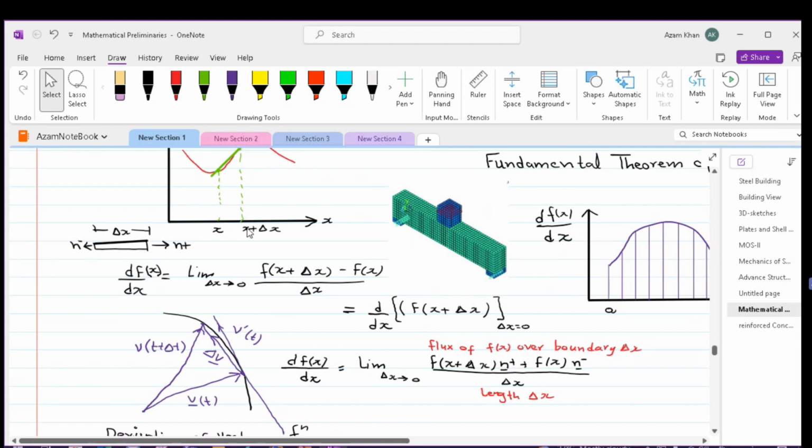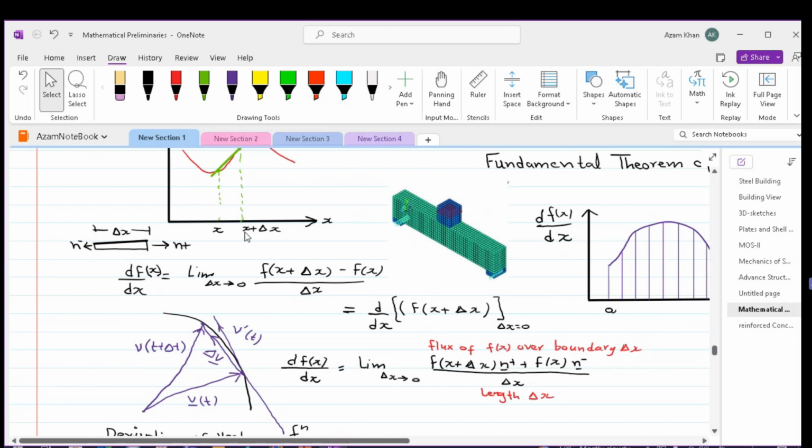This is similar to saying that we have got a function value at f of x plus delta x. We subtract that from the value f of x at x, and then divide the whole by the step size delta x.